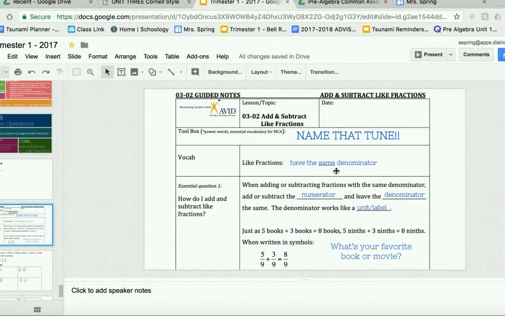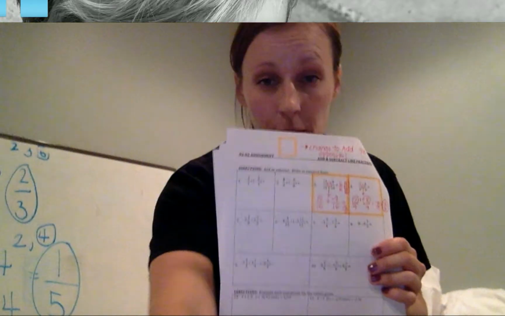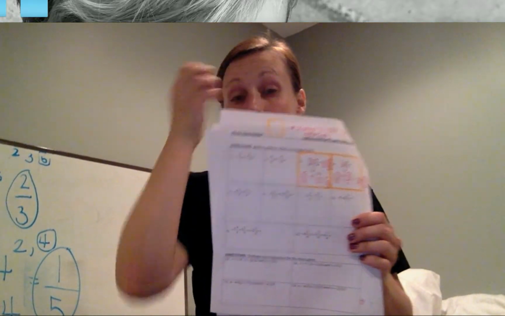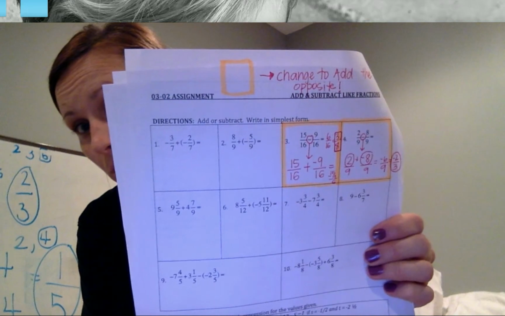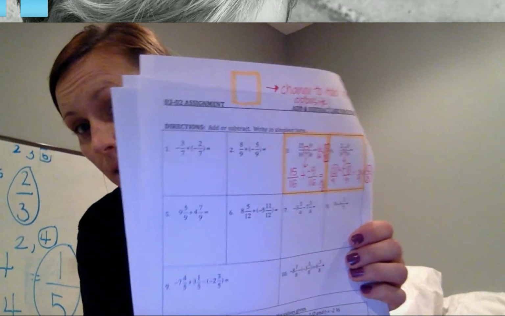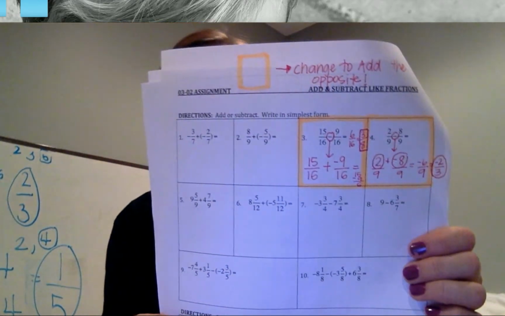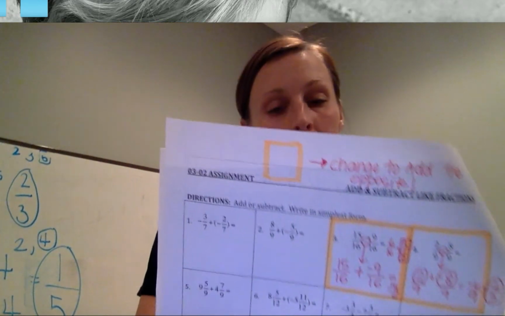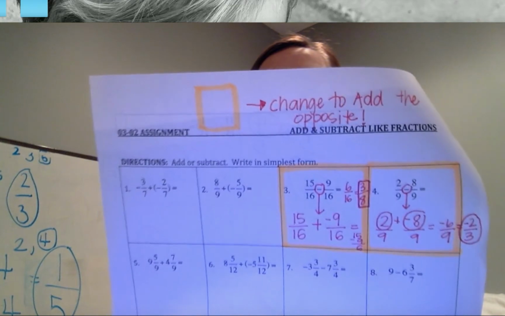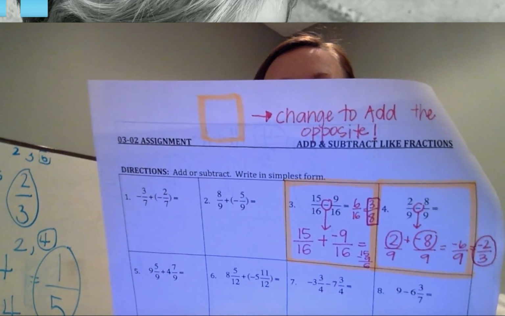So you have an assignment. It's 03-02. And there's 20 questions. And I'm going to ask that you do one thing, not for me, but for you. Before you get started, I want you to highlight the questions that are subtraction problems so that you remember to change those problems to adding the opposite.